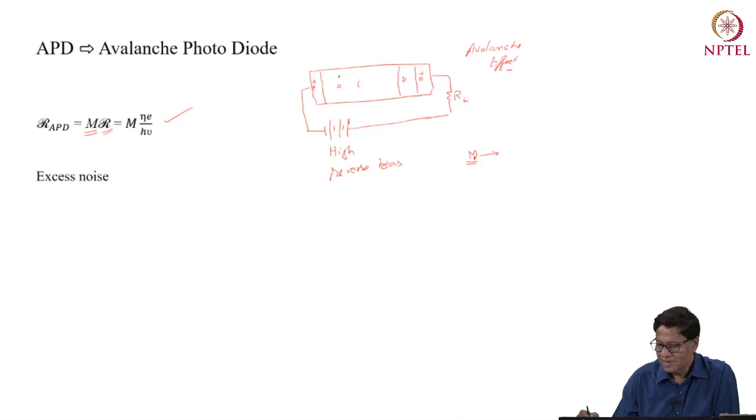We have not discussed the noise of PIN diodes, that we will discuss once we have discussed the APD part. So this will generate an additional noise other than the noise generated in a photodiode, which I will discuss subsequently, called excess noise.